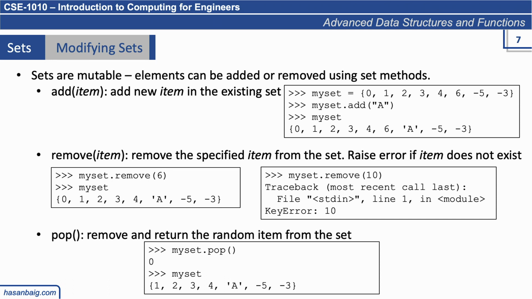Okay? Sometimes, for example, you have to implement a functionality where you have a structure containing some data, and you have to pick a random element. So you use the pop method. Okay? The pop method on a set will randomly select any element and remove it from the data structure. Any other question? Great.